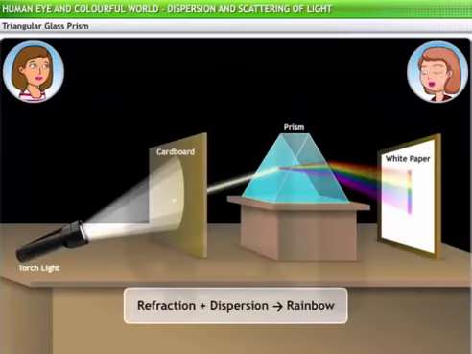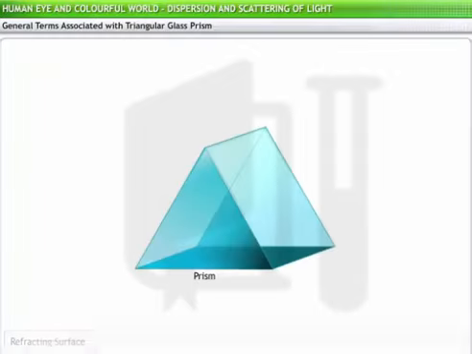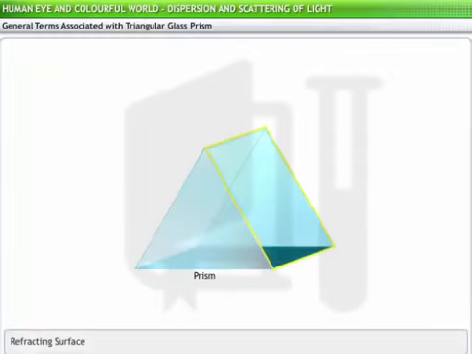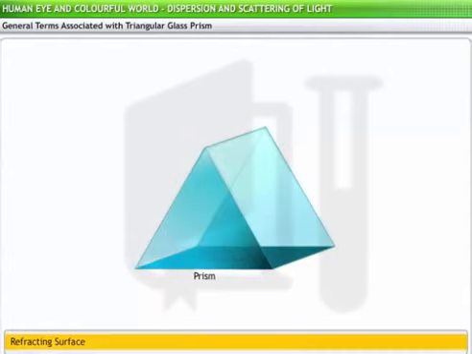The formation of a rainbow is a combined effect of refraction and another phenomenon called dispersion. Let's begin with refraction and review the general terms associated with the triangular glass prism. The rectangular faces in a triangular glass prism are known as refracting surfaces.